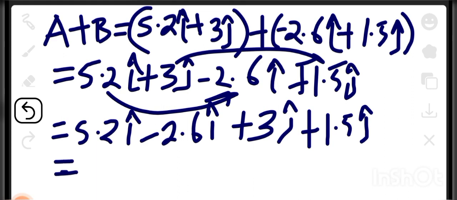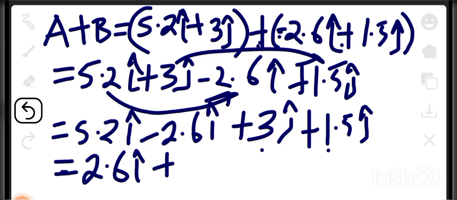If you subtract these two, 5.2 i minus 2.6 i, you're going to have 2.6 i. Then you add 3j to 1.5 j, plus times plus is plus. That will be 4.5 j.